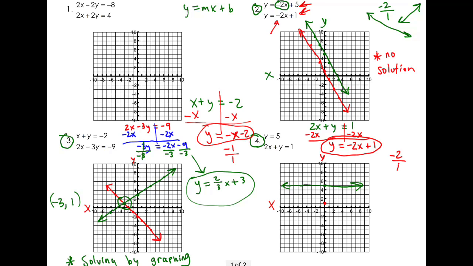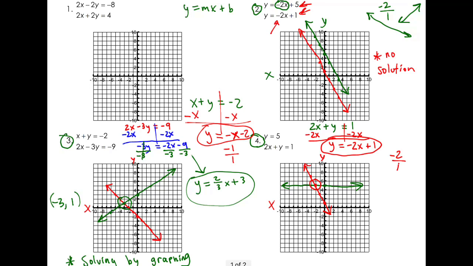This is a negative slope, so you guessed it, down from left to right. So up 2, over 1. Up 2, over 1. Guys, we just intercepted the other line, so we know that's our solution. I'll do one more point after that. Up 2, over 1. So you know our line is going to look like that.